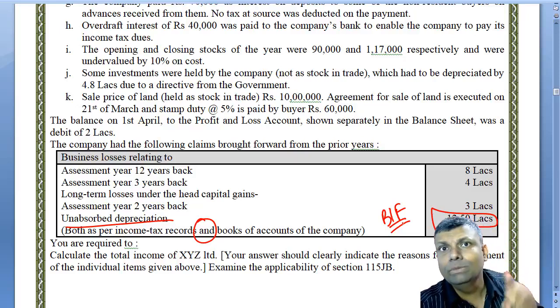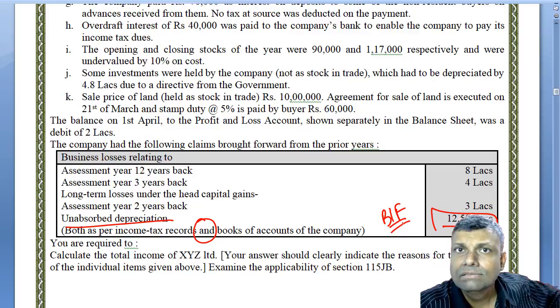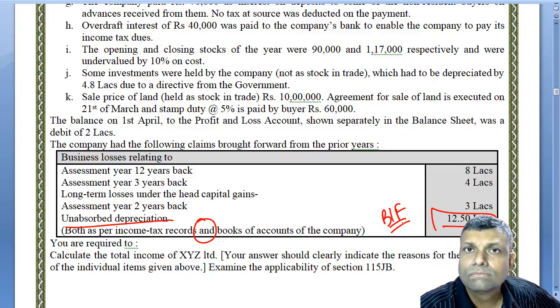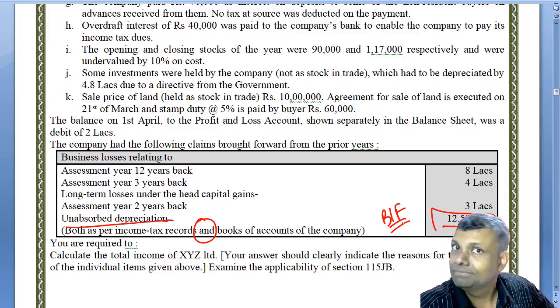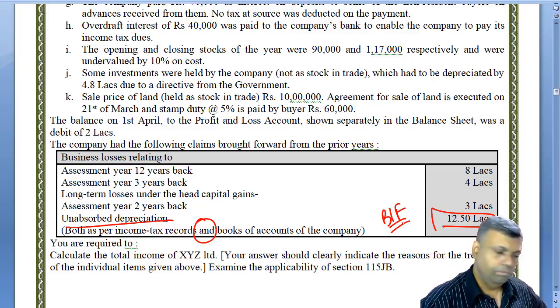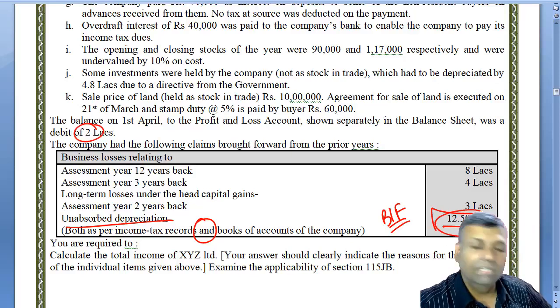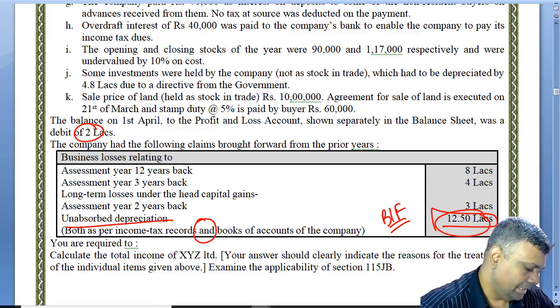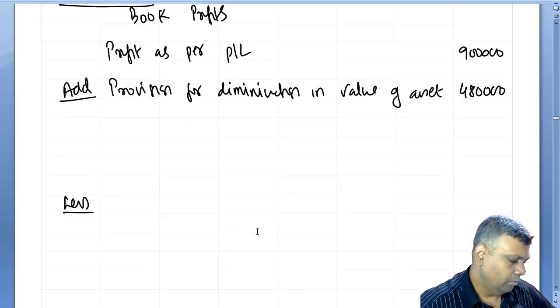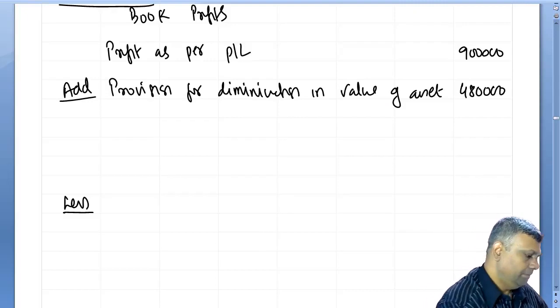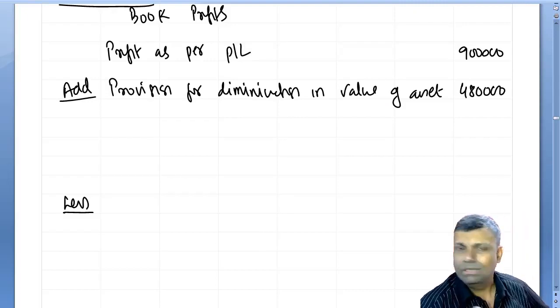Somewhere it has to be in that ledger account, right? So that you got to find out. Okay. So I will just go, because it is printed in the question, brought forward book loss, depreciation, whichever is less. So I will do that adjustment, and I'll pack up with almost the MAT discussion.